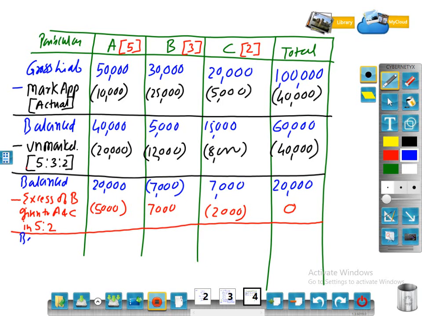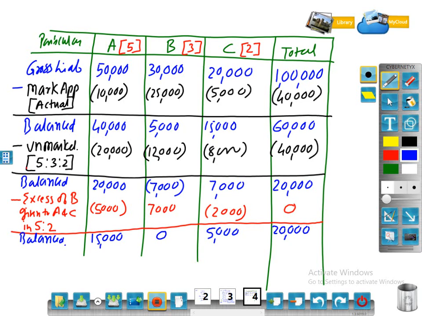Balance: 20,000 minus 5,000 becomes 15,000. Here 0 and here 5,000. So 15 plus 5, 20,000. So remember, whenever there is a negative figure, you have to give it to the positive partner, in which ratio?